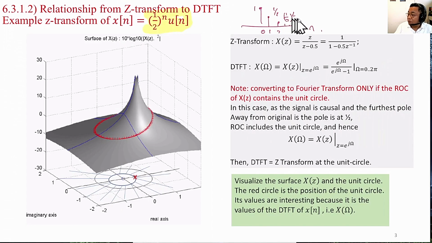It is a causal sequence existing from 0 to positive infinity because of this u[n] over here, and it will exponentially decay. Now we can take the Z transform of this, and by lookup table, this is the Z transform of this sequence. This is a causal sequence.